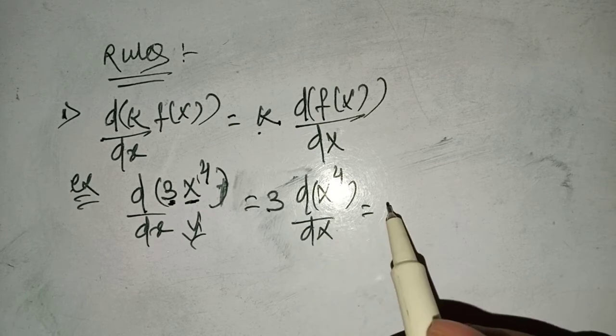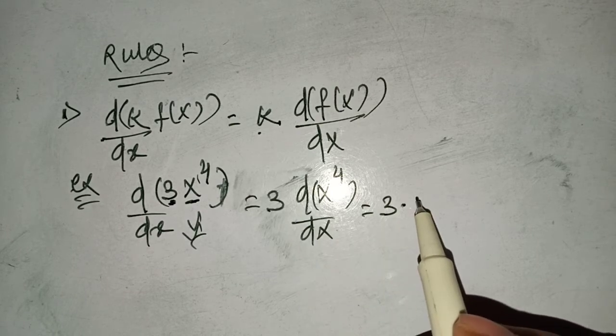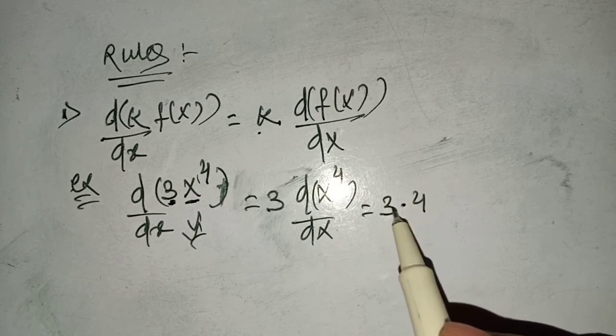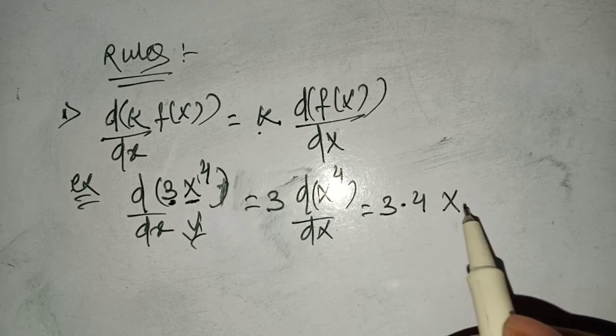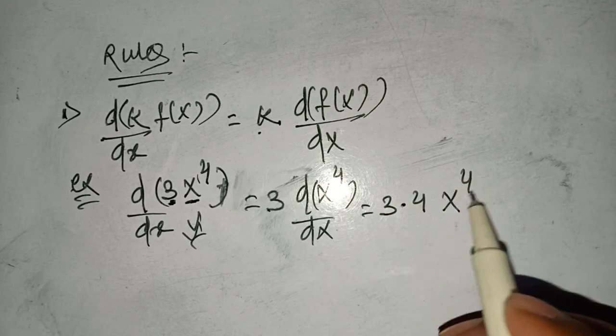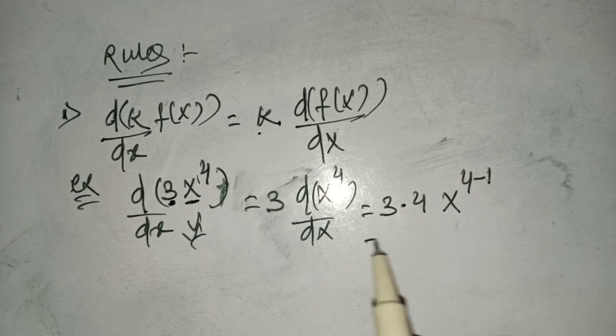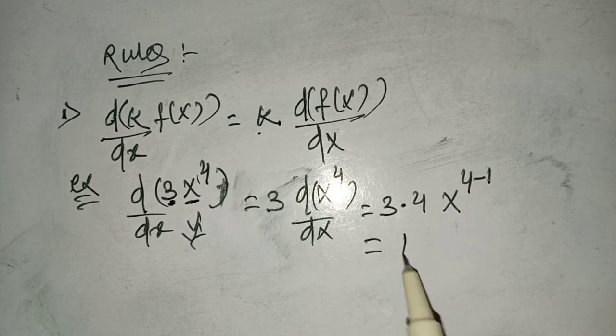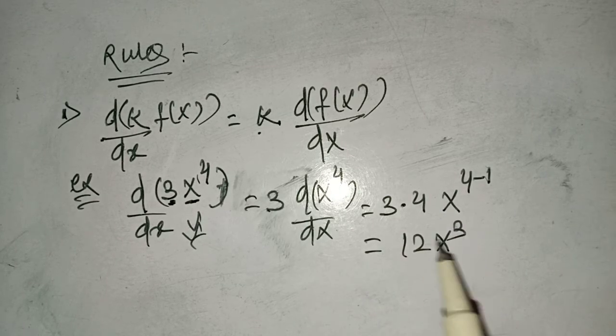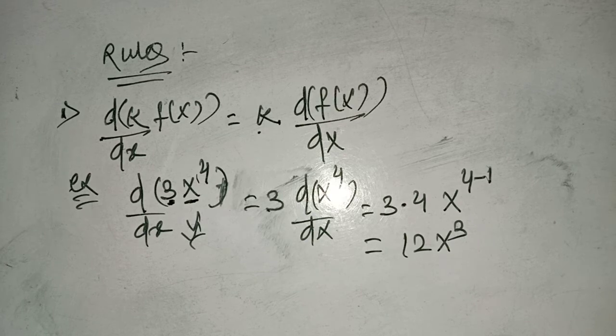So 4 will come out, which we multiply with 3 and x to the power n minus 1, that is 4 minus 1, which is equal to 12 x to the power 3. Understand? Okay, next.